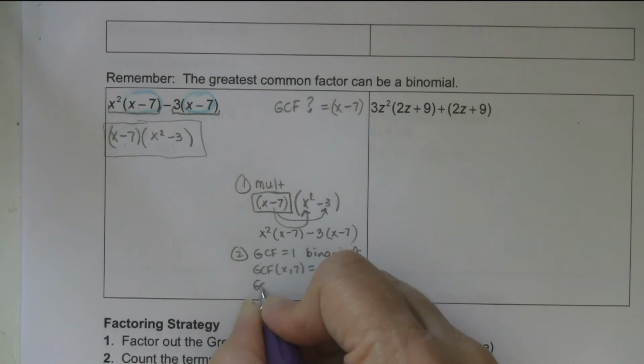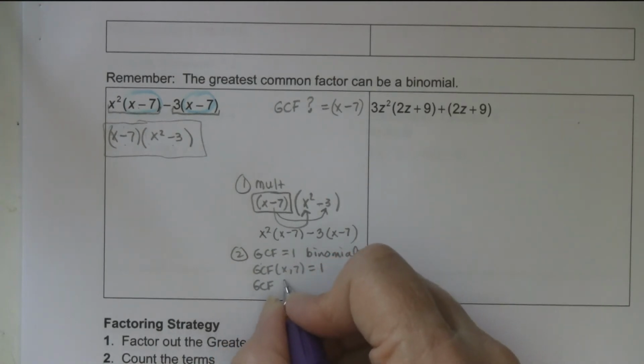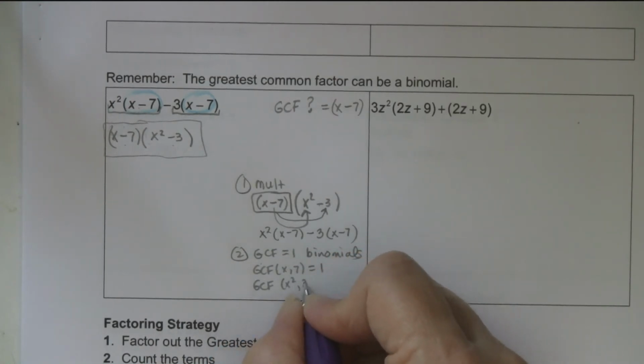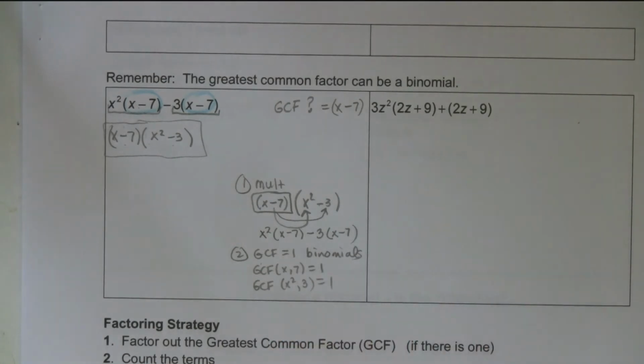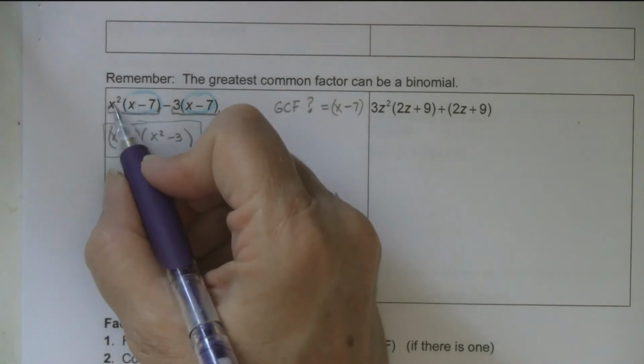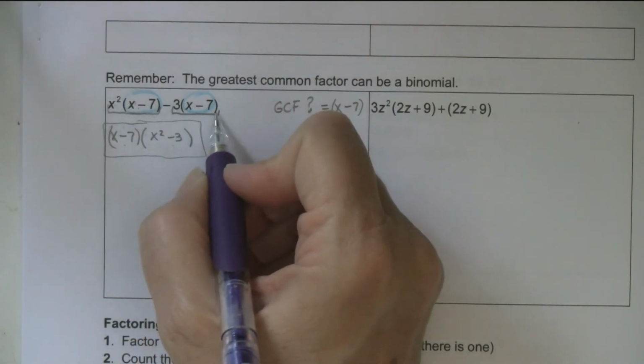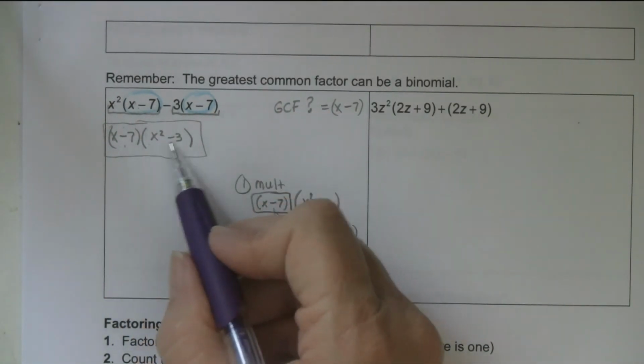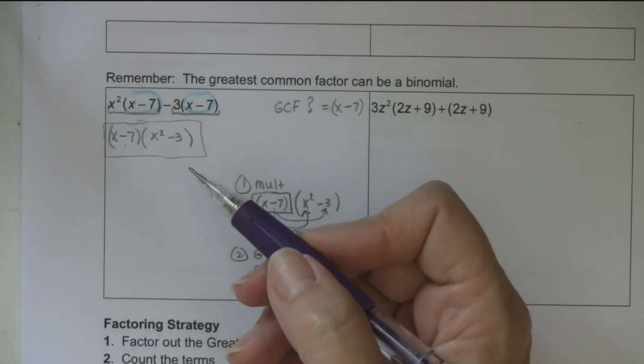And the greatest common factor between x squared and 3, it doesn't matter if it's positive 3 and negative 3, is 1. So I'm done, right? The terms don't have anything in common other than 1, and so I know that I'm completely done. If I distributed this, and I distributed that, and I FOILed this, they would be equal to one another.